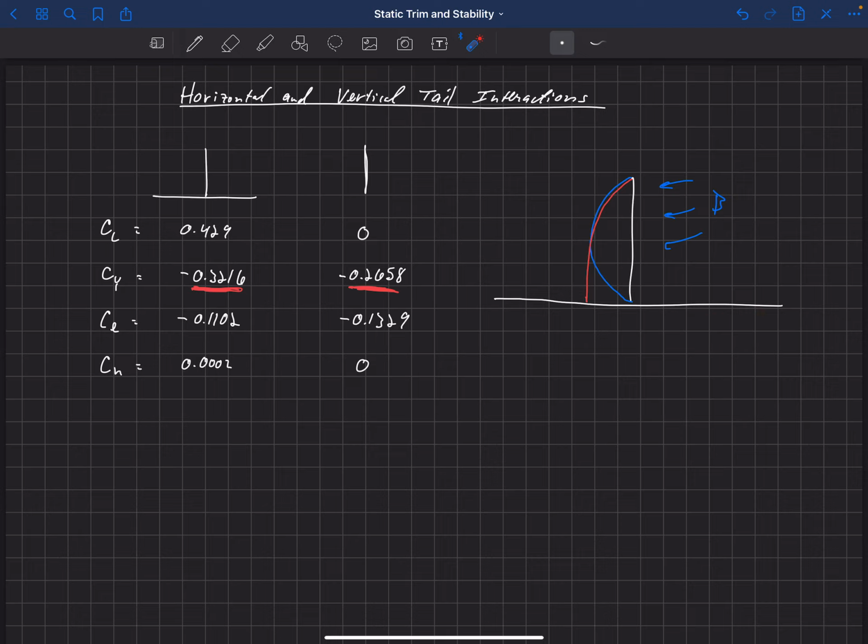So what we'll get with this interaction is that we're actually going to get some lift on the horizontal tail that might look something like this. Okay, so we're going to have little lift vectors going like this due to that interaction of just pressures on the surface. So this now explains why we're going to get some positive lift in this overall system.